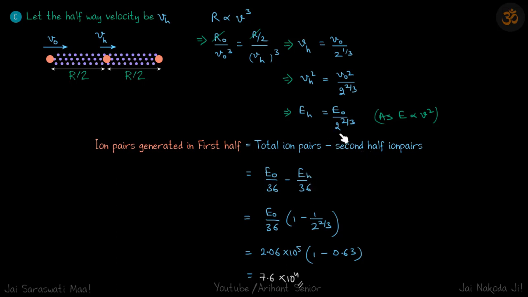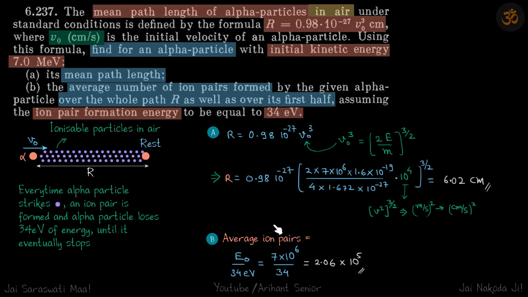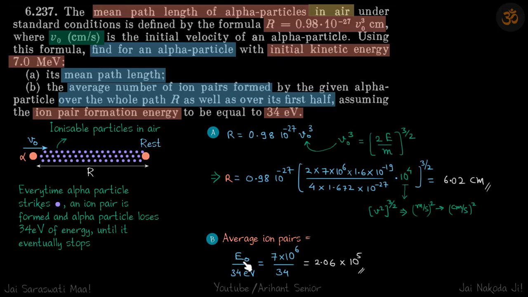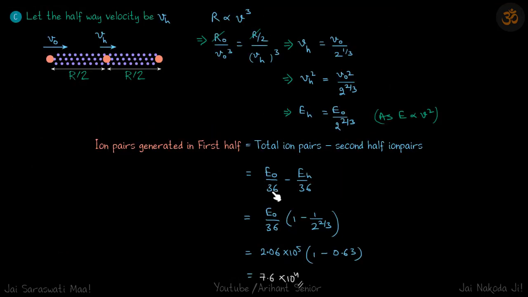So Eh we found, so we'll put that here, and E naught is 7 mega electron volt. Actually, E naught by 34 we already found here. Why have I written 36 here? Oh, it is 34 only. So there should also be 34. So yeah, E naught by 34. So these are the total particles formed.